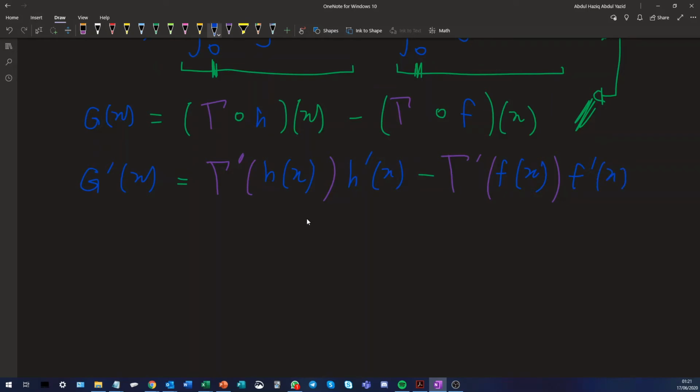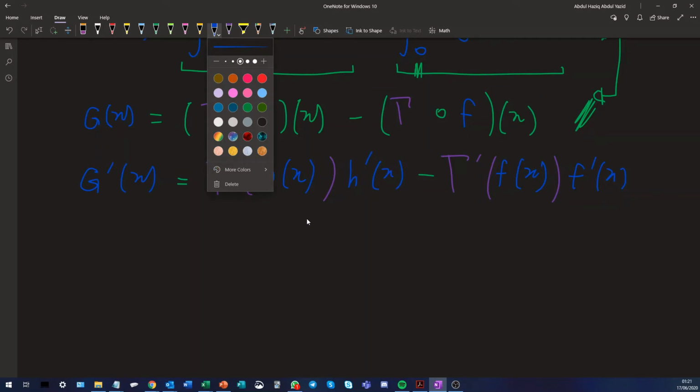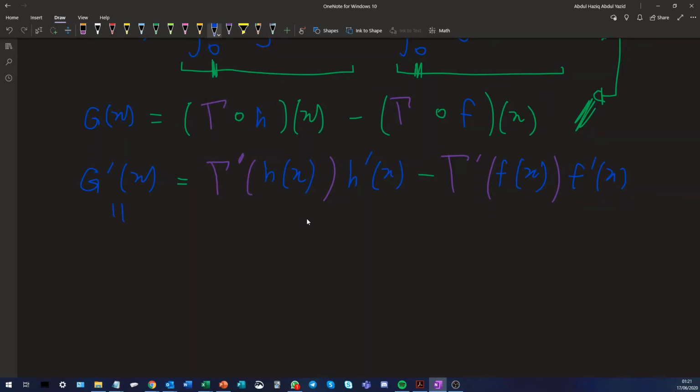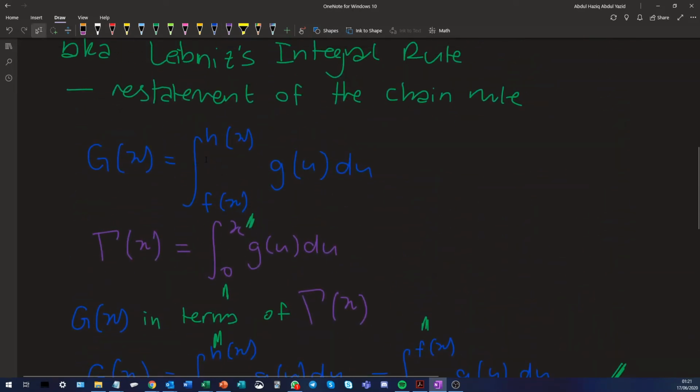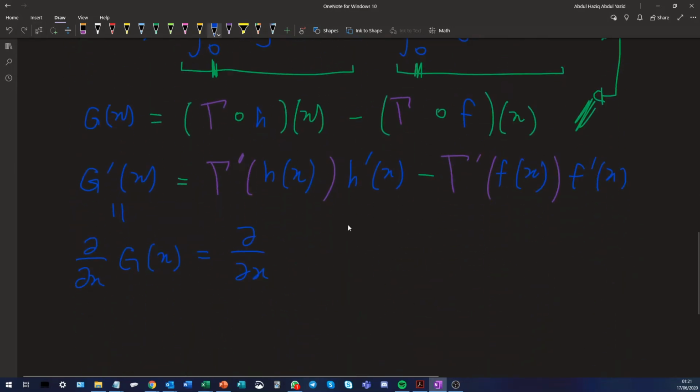Now also recall that G prime of x can be rewritten as ∂/∂x of G of x, which is the same as ∂/∂x. Now substituting back the definition of G of x, which is this bad boy over here, the integral from the lower bound of f of x to the upper bound of h of x of g of u du.